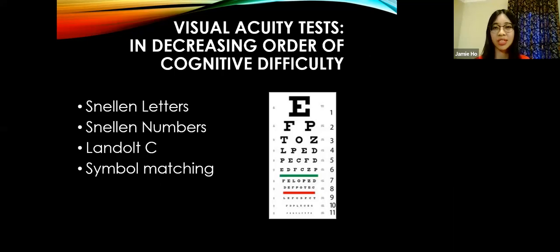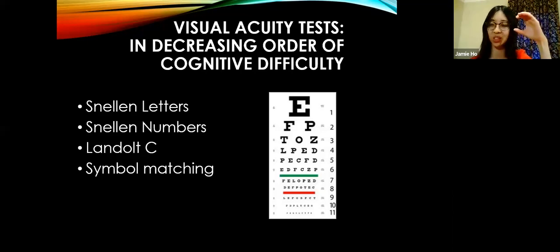We also use different types of acuity charts with different levels of cognitive difficulty. Many of our low vision patients are older, and sometimes there are cognitive deficits that accompany different health conditions they may have. So yes, we have Snellen letters, we can use numbers, we can use the Landolt-C or the Landolt-E. Some of you are familiar with it from the pediatric standpoint.